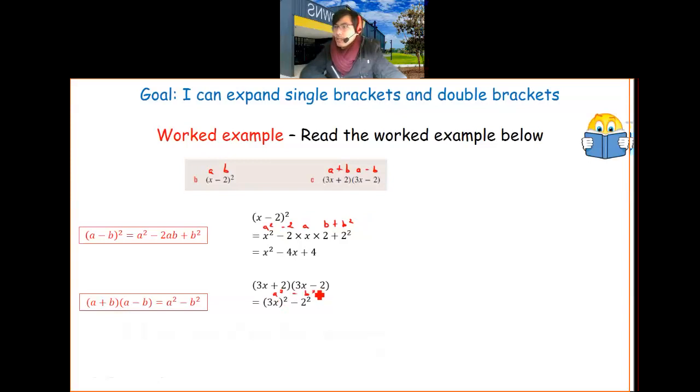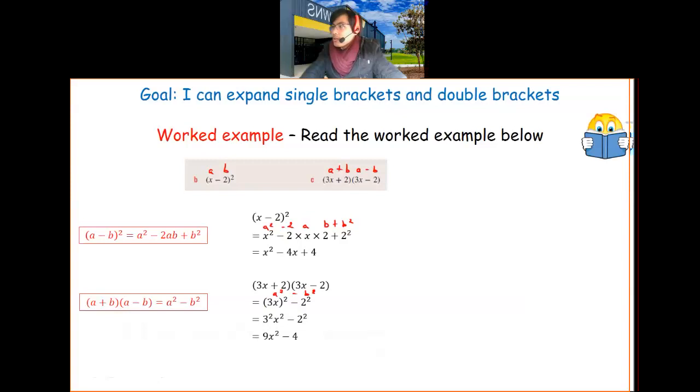And so our a is 3x, so it's 3x squared minus b squared. Our b is 2 here, so 2 squared. And the 3x squared, we learned how to raise the power. So that gives us 3 squared x squared minus 2 squared. So 3 squared is 9. So that gives us 9x squared minus 4. Again, exactly the same answer that we had before.